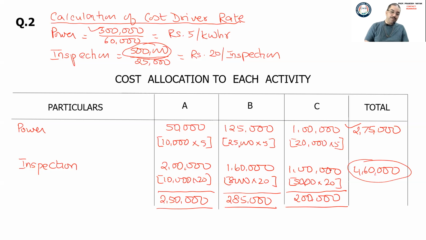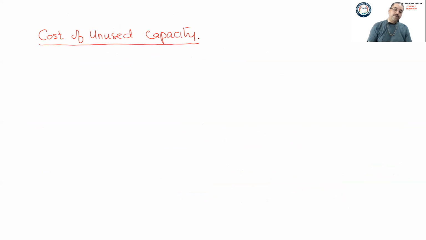So let us write down the cost of unused capacity. Power: 3 lakhs minus 2 lakhs 75,000 is 25,000.